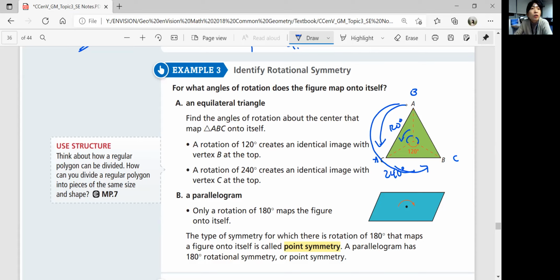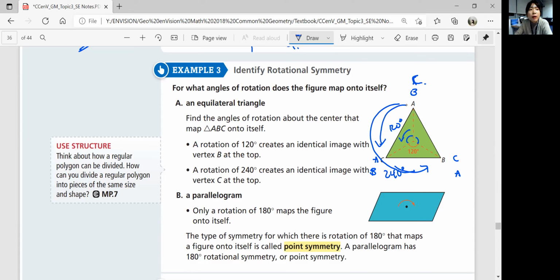That should move point A over to point B, and point B over to point C, and point C over to point A, right? So you have rotations of 120 and 240 until it goes around the full circle.